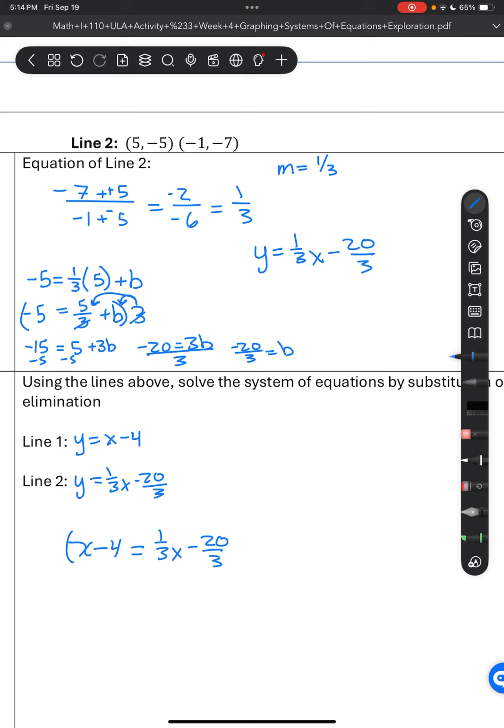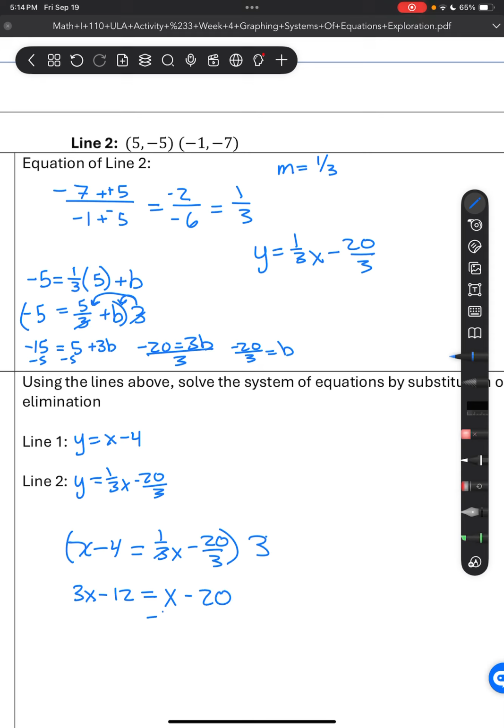Okay, I'm going to multiply everything by 3 to get rid of fractions because I do not like to add and subtract fractions. So we have 3x minus 12 equals, and these 3's cancel out, because 3 times 1/3 is just 1 times x, minus 20.